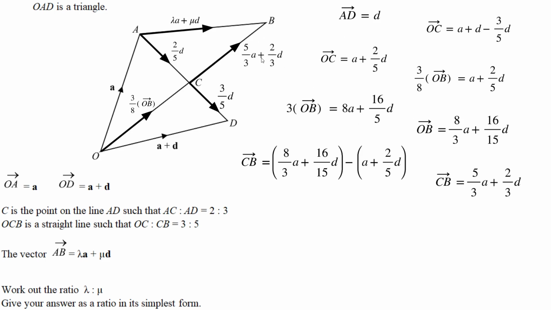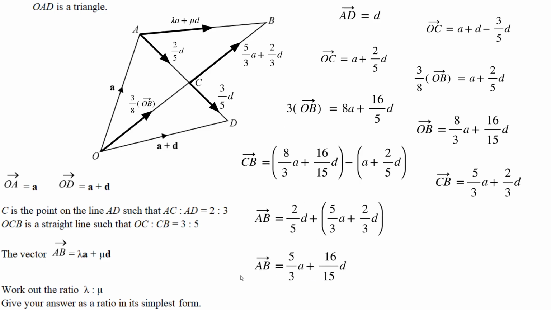So just do that, and then expand. We're saying that AB is in the form lambda A plus mu D. So lambda must equal 5/3, because that's the coefficient of A, and mu must equal 16/15, because that's the coefficient of D. So it's 5/3 to 16/15, and that simplifies to 25 to 16.